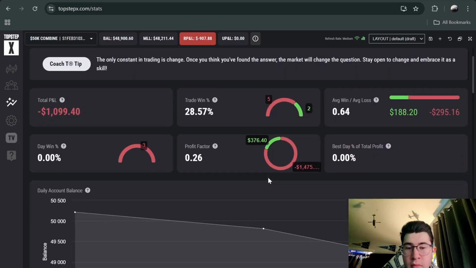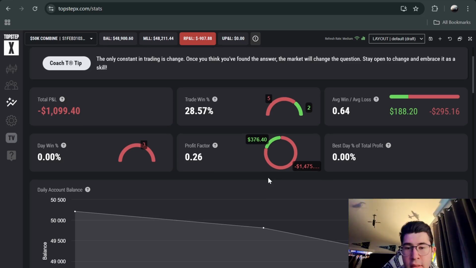But yeah, you can see we have 5 losing trades, 2 winning trades. I don't know if it counts the trades where you buy in and then buy in again and then buy in again. So that would be 3 today. One of which I didn't even mean to do, but yeah, you can see we only total gain 376, so we're down about 1100.